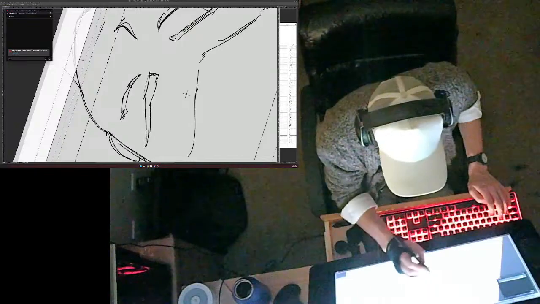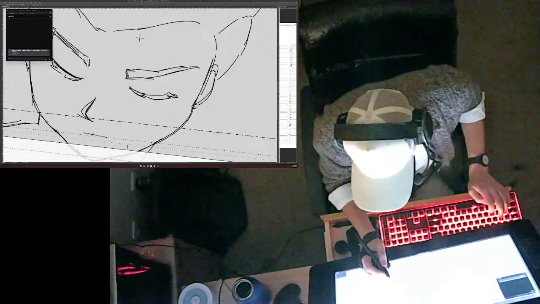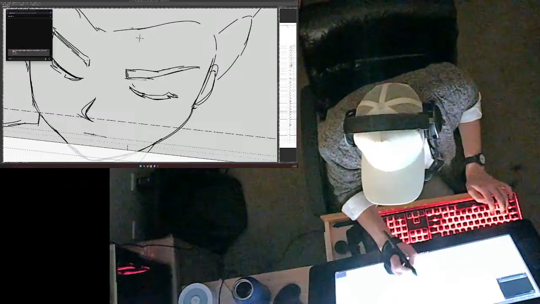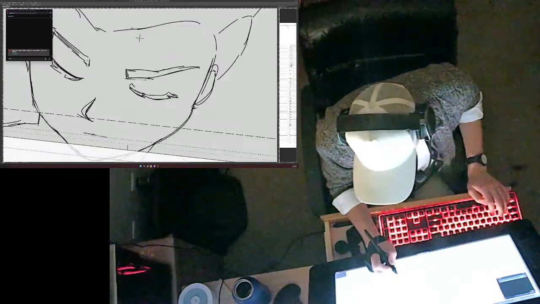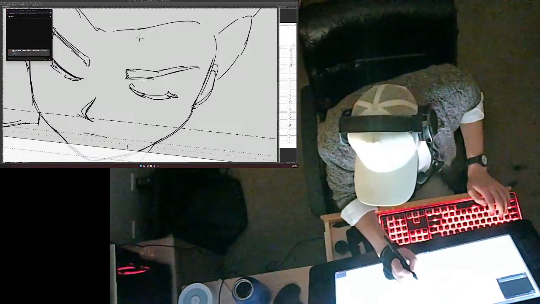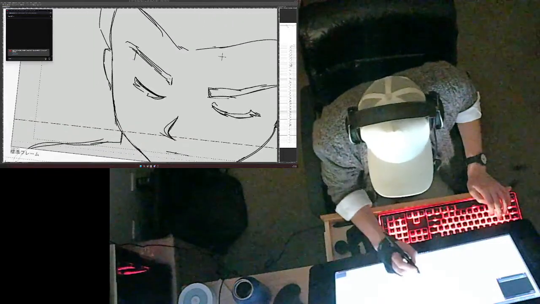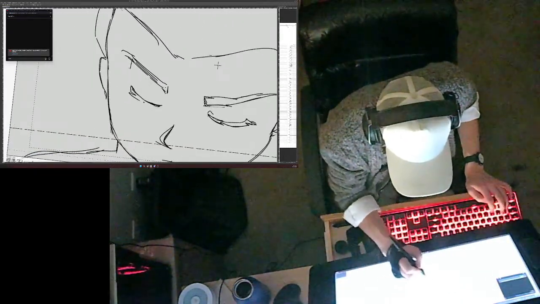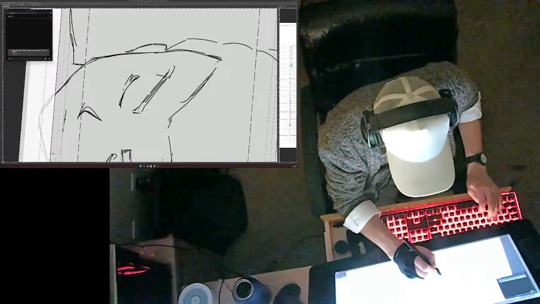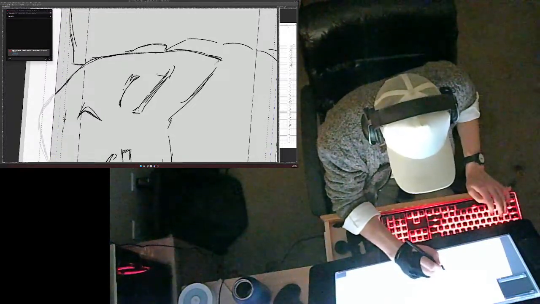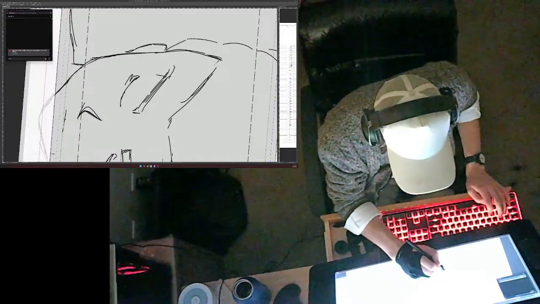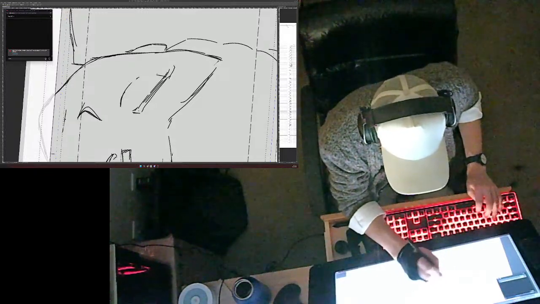Accentuate the shape a little bit. And on this one. Same thing.